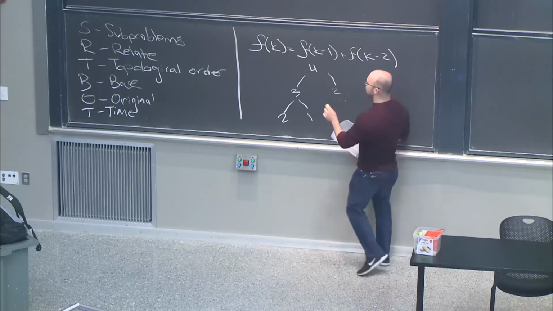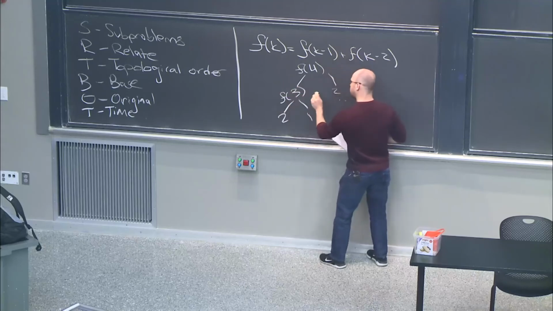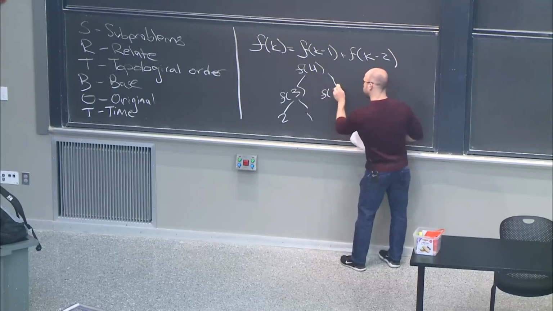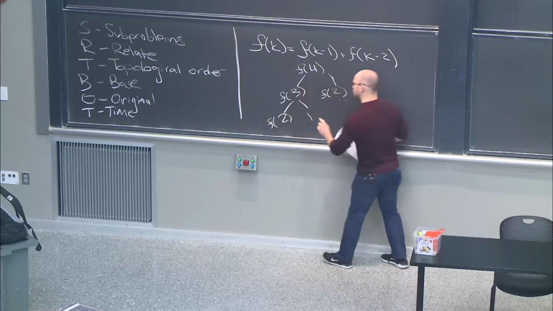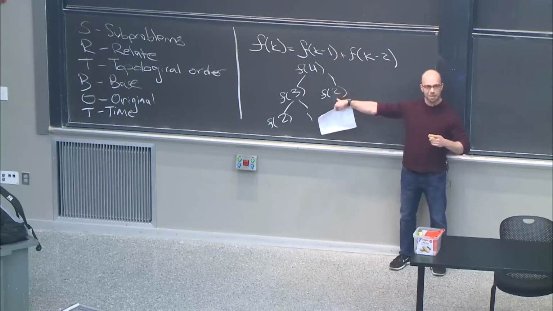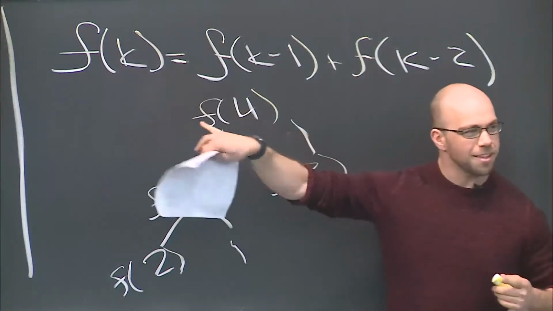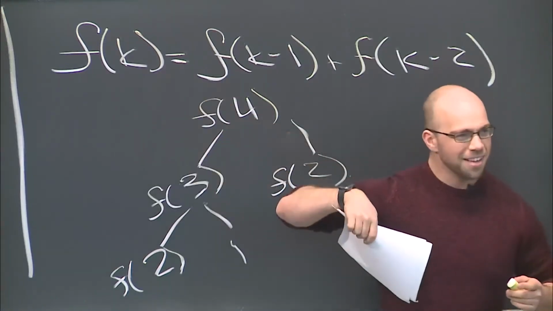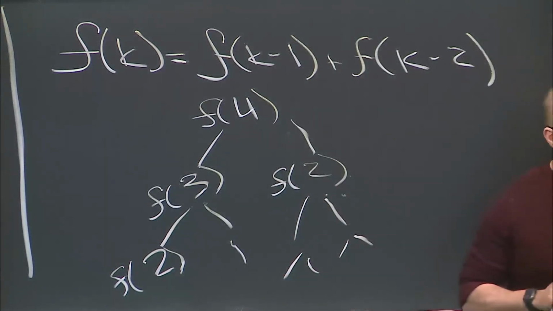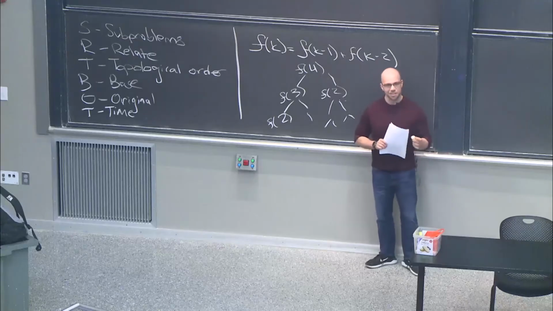And the thing to notice is that when I call f of 3 here, if there were a 3 somewhere else in my tree, I get the same number, right? So in particular, f of 2 and f of 2, both of these are going to take some amount of algorithmic work, but if just the first time I see a 2, I have a little piece of scratch paper and I say, anytime I see k equals 2, just return this number rather than doing recursive calls, then in effect, if there's any subtree underneath this thing, I've just pruned it from my tree, right? And so that's the basic logic here.